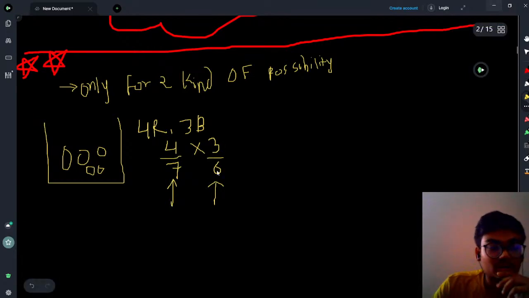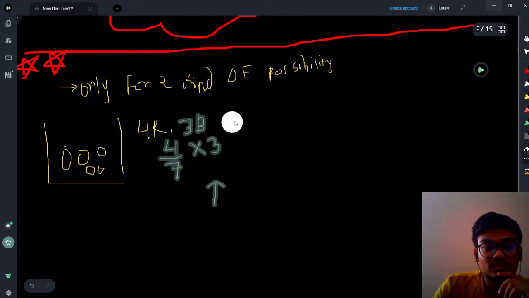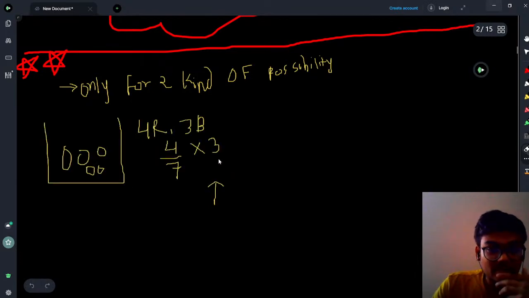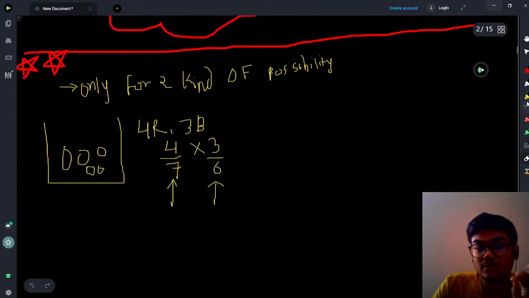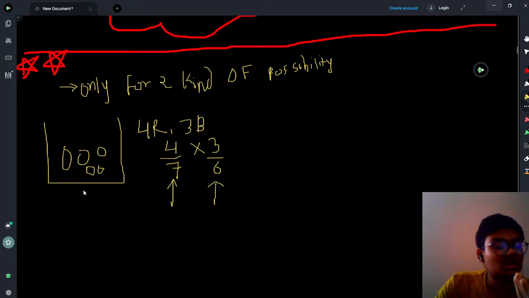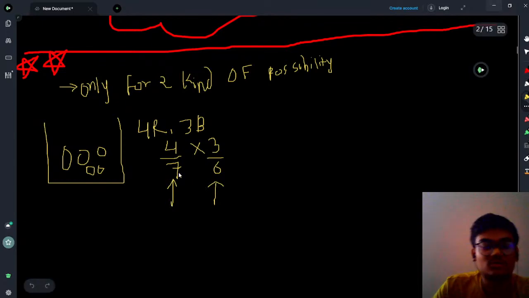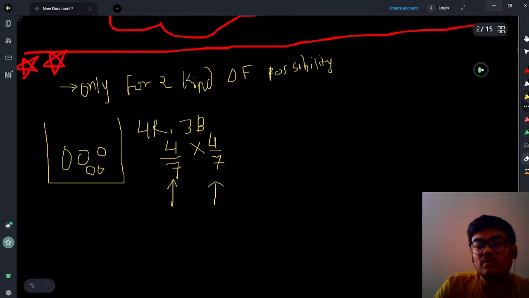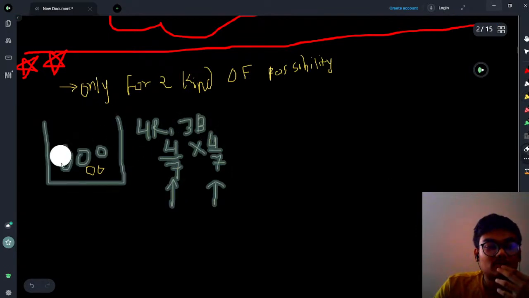The other thing is that, in the same question, if we are doing it without replacement, but if this question is asked with replacement, then we can use a binomial distribution, because with replacement this will be 4 by 7 again. So do you understand? With replacement this can be possible, but without replacement it will be a dependent case, and for a dependent case we can't use binomial distribution.